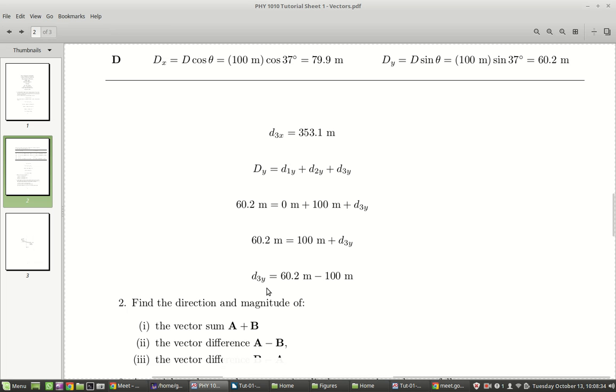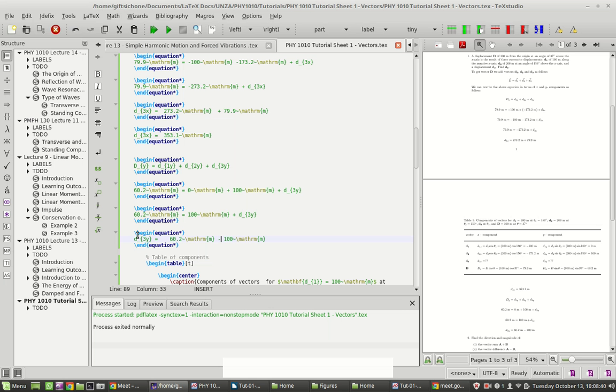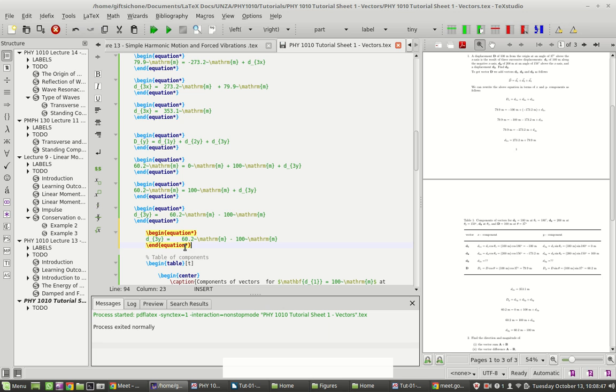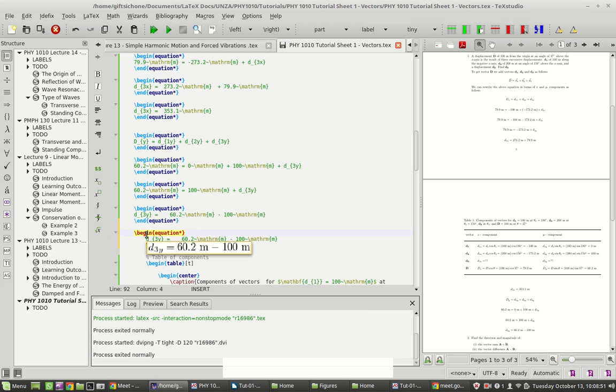So we end up having d3y equals 60.2 meters minus 100 meters. How much is that?